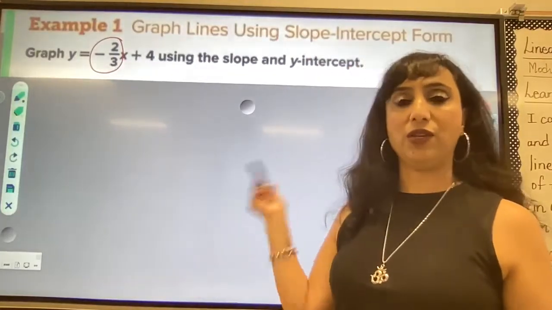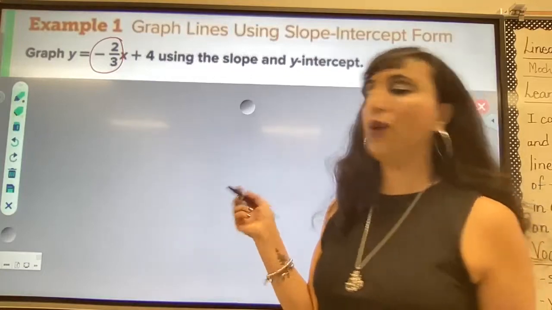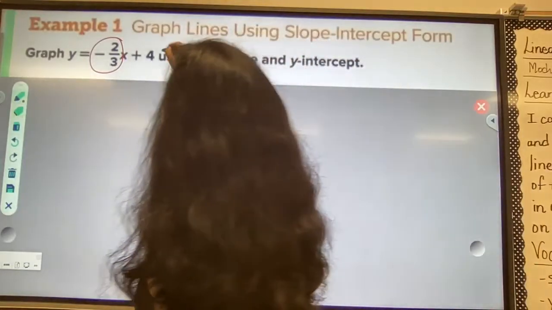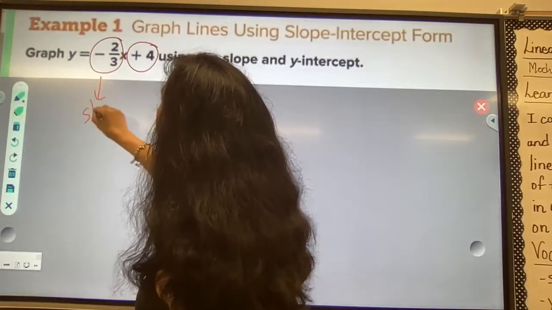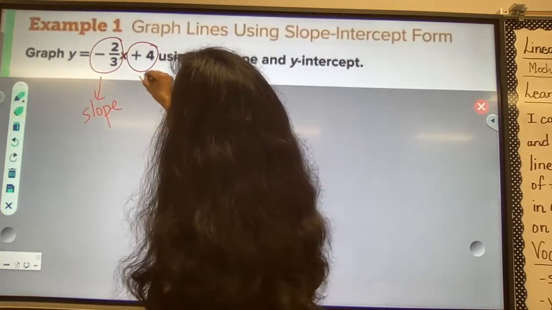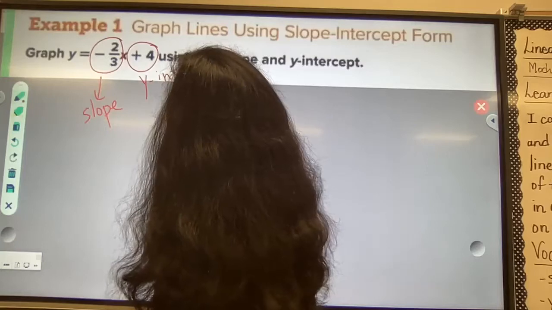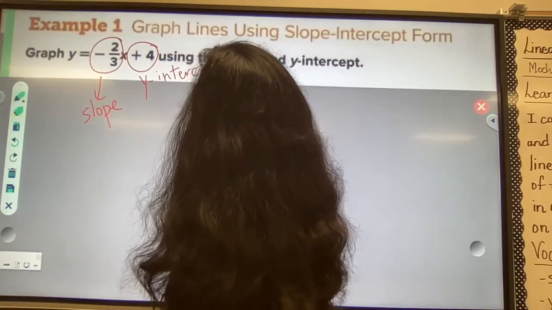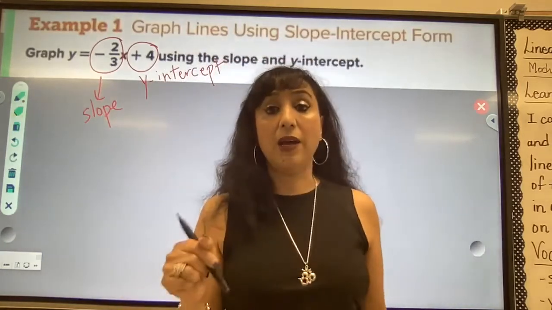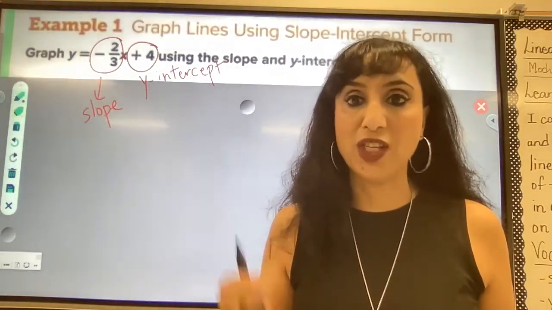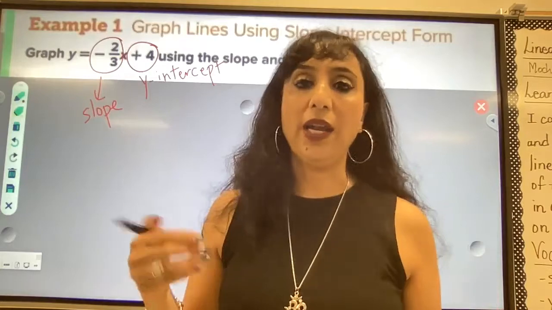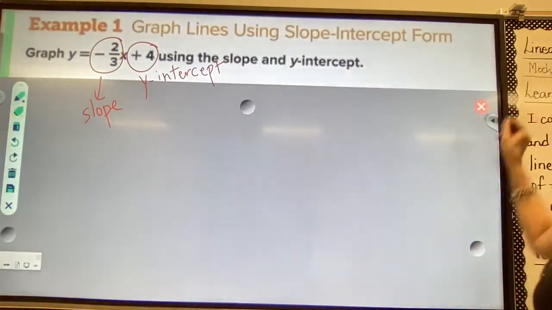So that's basically how we are going to go on the slope. And then my y-intercept. So this is my slope and this is my y-intercept. That means where is that line going to be cutting the y-axis? It is going to be at positive 4. So let me show you how it will be drawn out.